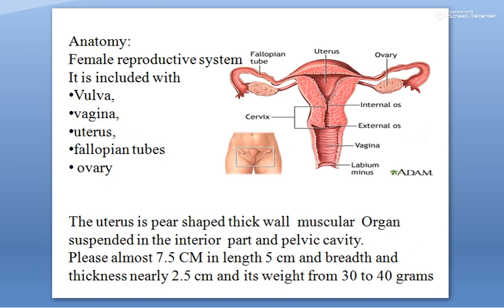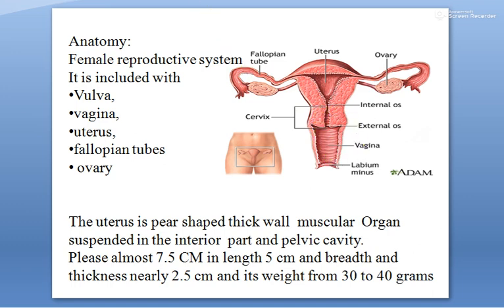So let's see the main structures of the uterus, as you can see in the slide. You can see the uterus, which is triangular shaped, and the ovaries. Beside the uterus there are two ovaries present, and in the upper part there is the fallopian tube opening, and in the lowermost part, the vaginal opening.